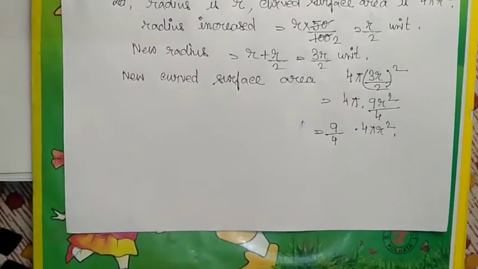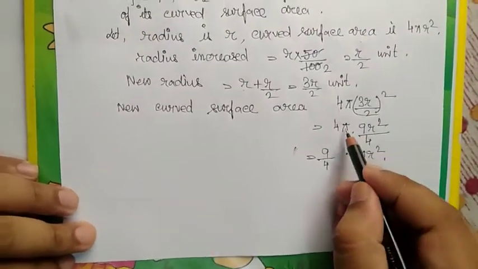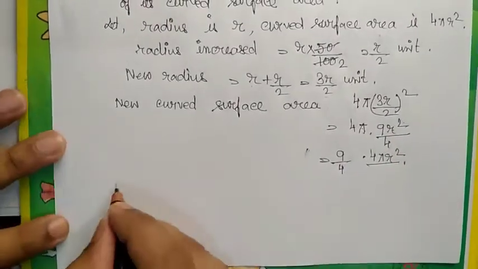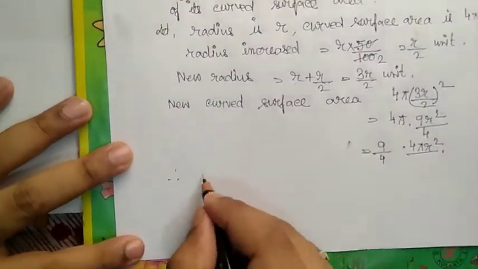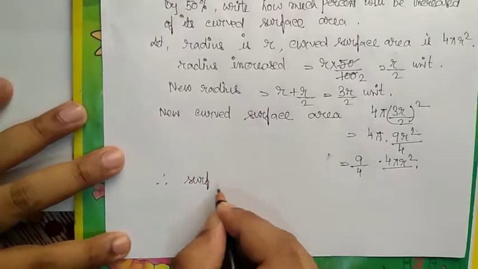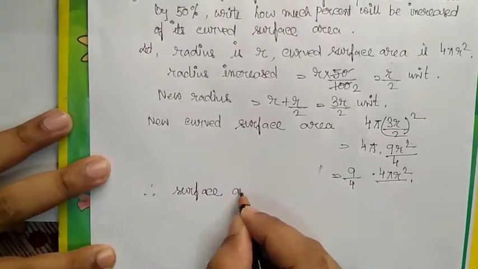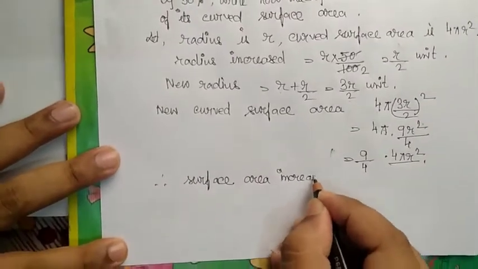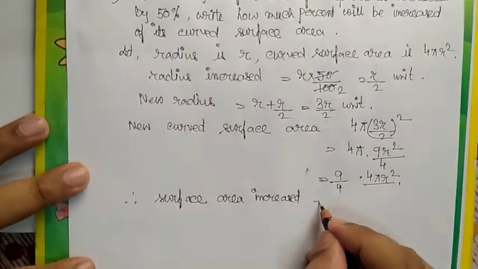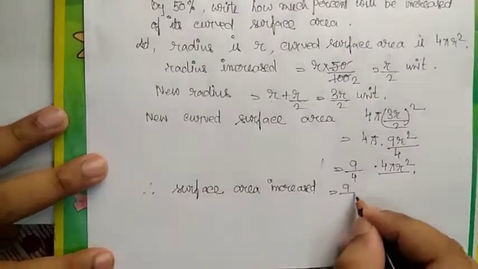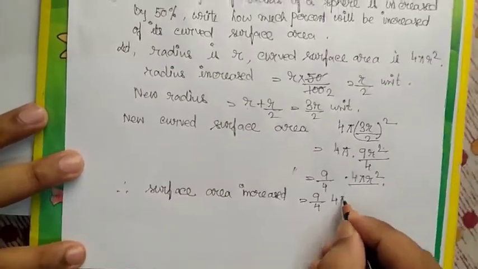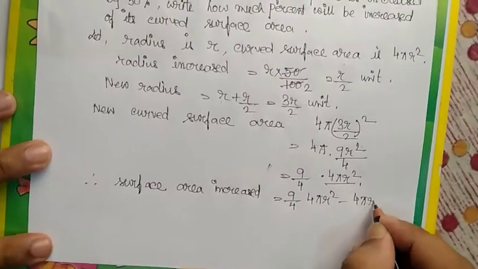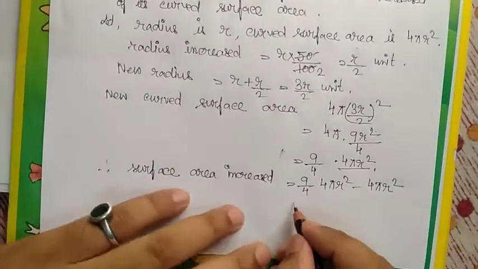We should write in this form: this 4 pi r square here and 9 by 4 here. Therefore surface area increased is 9 by 4 pi r square minus the actual one 4 pi r square.